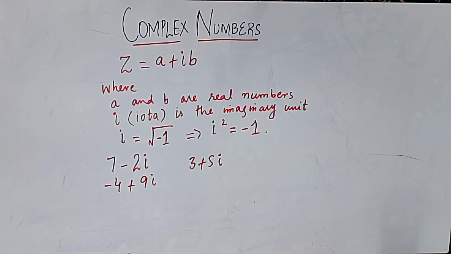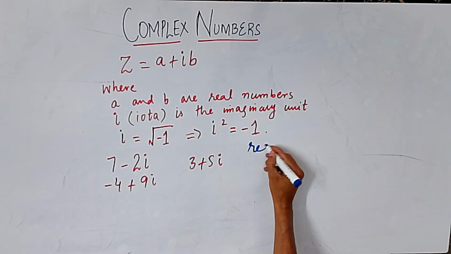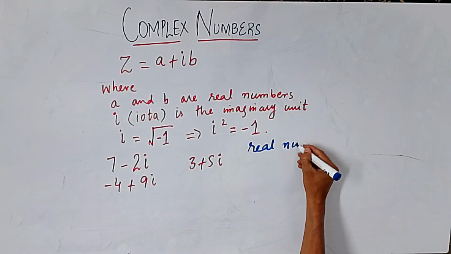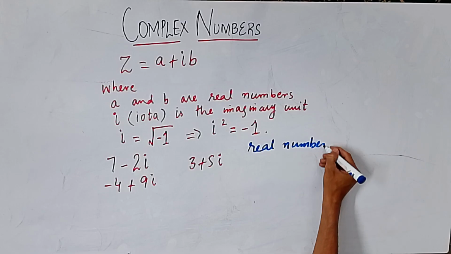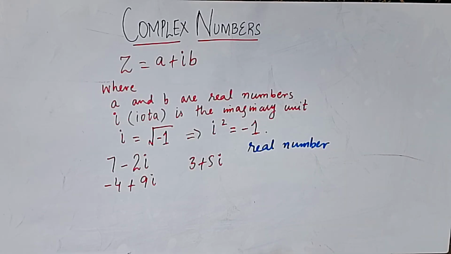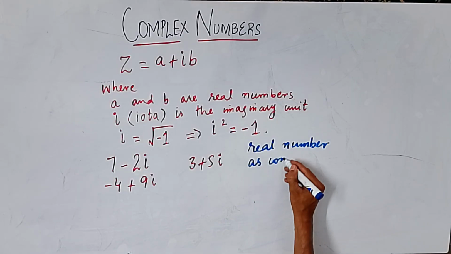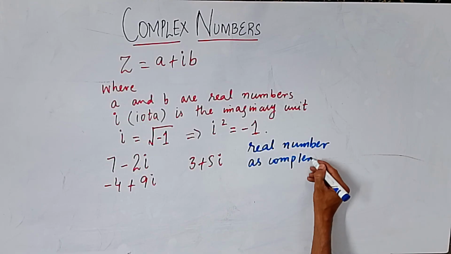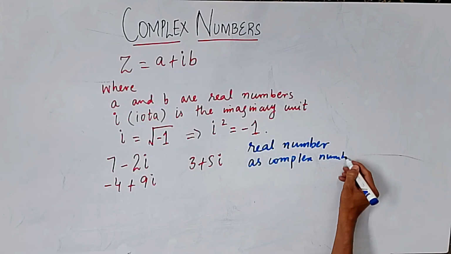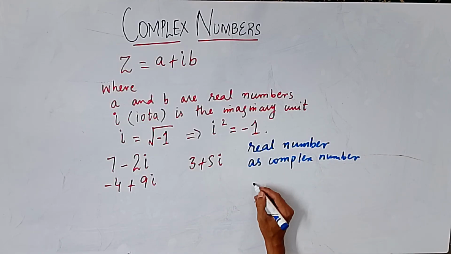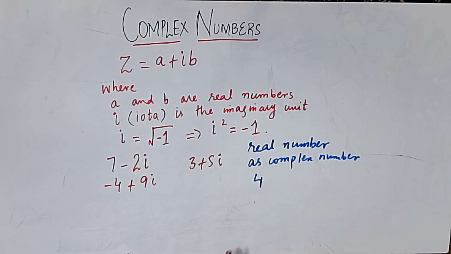So by this discussion, we can understand that a real number, like minus 3, 4, 1 upon 2, they all can also be considered as a complex number. How? For example, if it is written 4, it is also considered as a complex number.